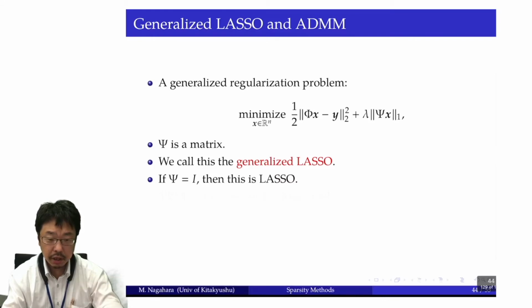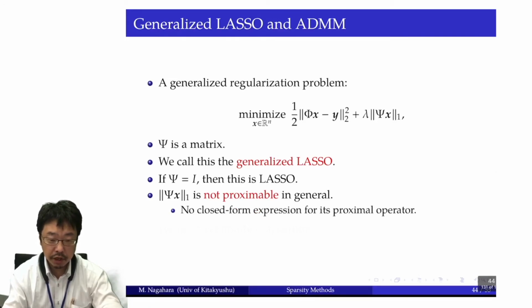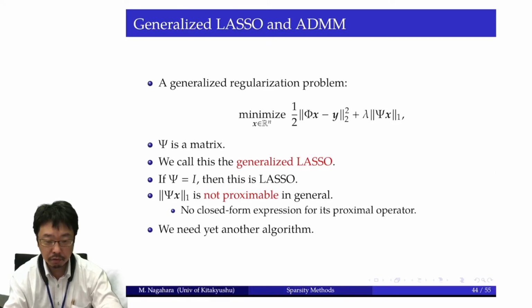If psi is the identity matrix, then this is LASSO. Note that the L1 norm of psi x is not proximable in general. That is, no closed form expression for its proximal operator exists. So we need yet another algorithm to solve this type of problem.